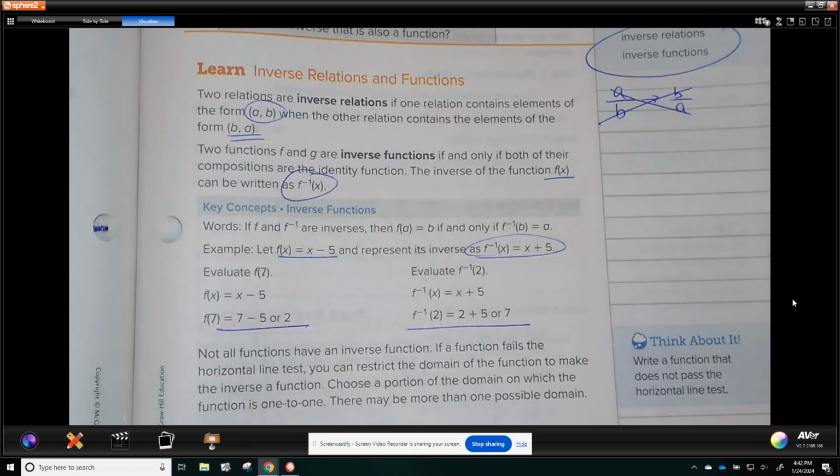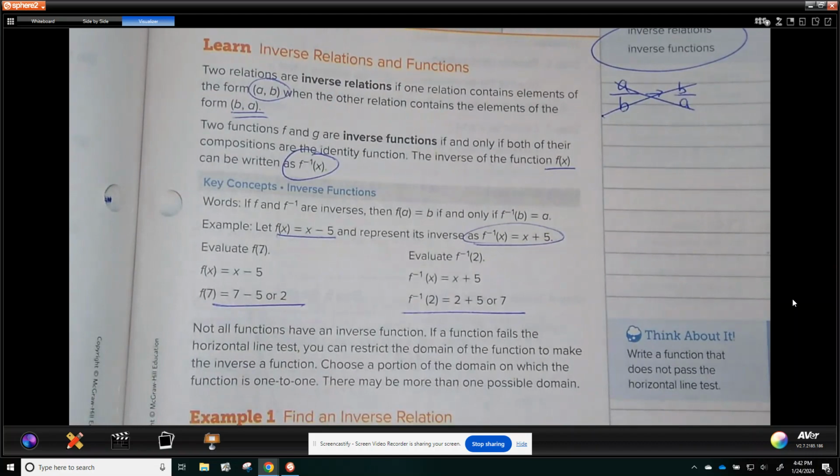Not all functions have an inverse function. I don't want to do the horizontal line test. Okay, let's go on.